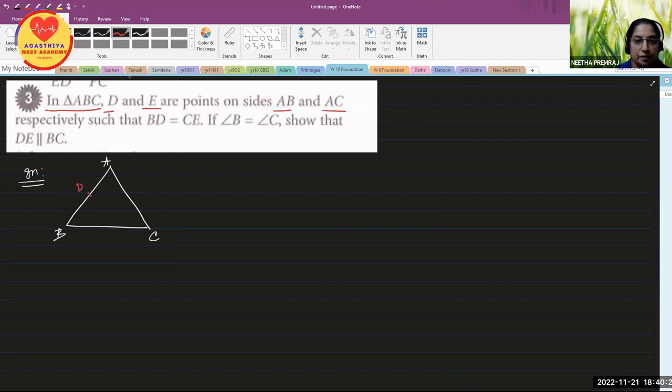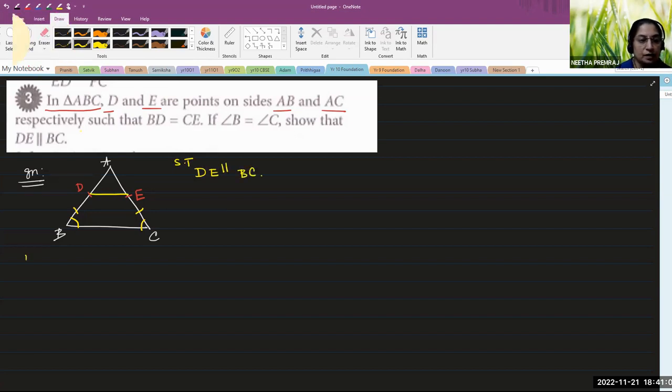This is D on AB and E on AC respectively, such that BD is equal to CE. It's given. And angle B is equal to angle C. Show that DE is parallel to BC. So you have to show that DE is parallel to BC.